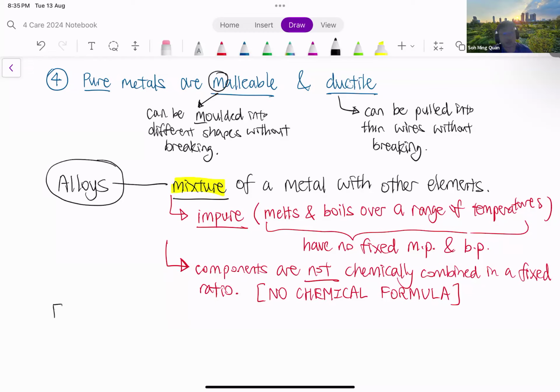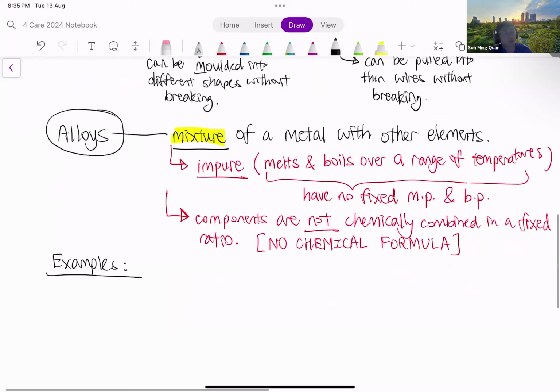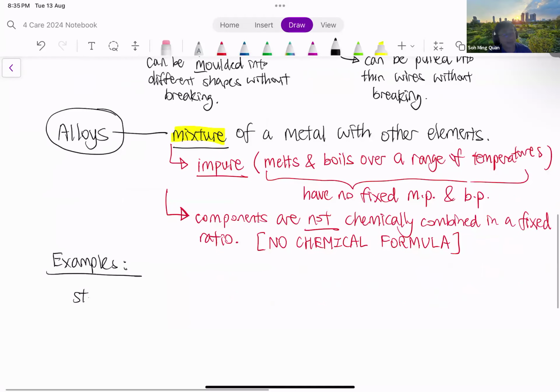The next thing you need to know is the examples of alloys. The best example is steel. Steel is an alloy containing iron and carbon. So you notice, do the elements present in an alloy have to be metals? Must they all be metals?